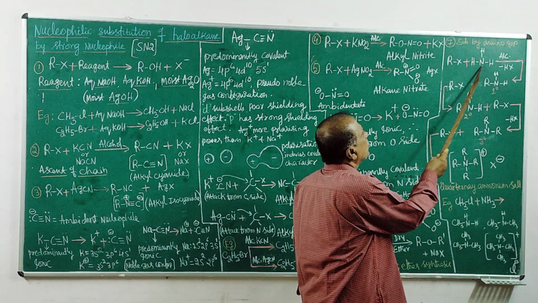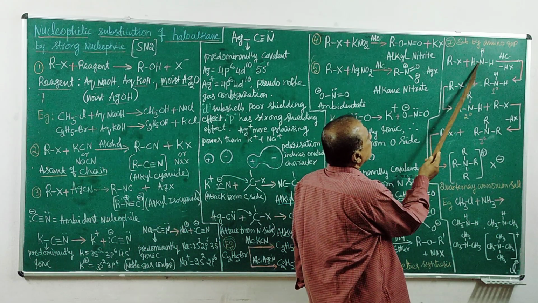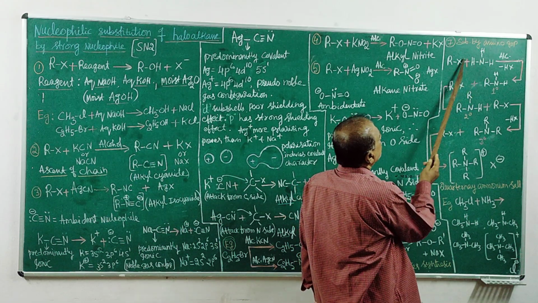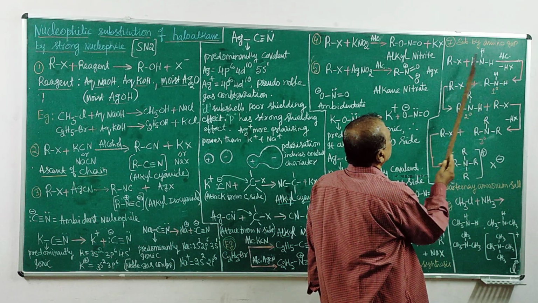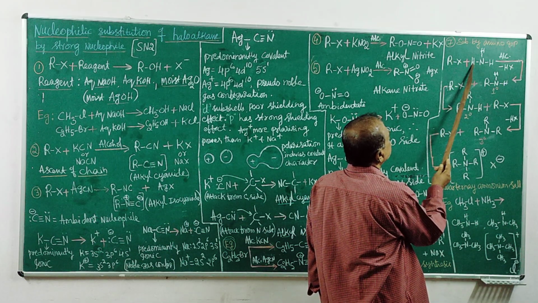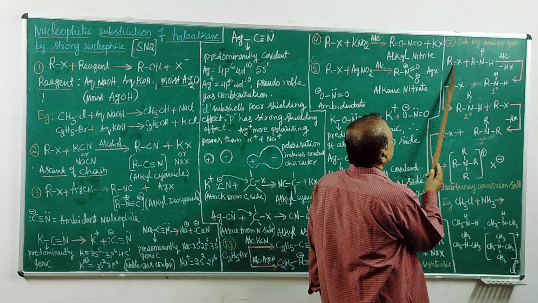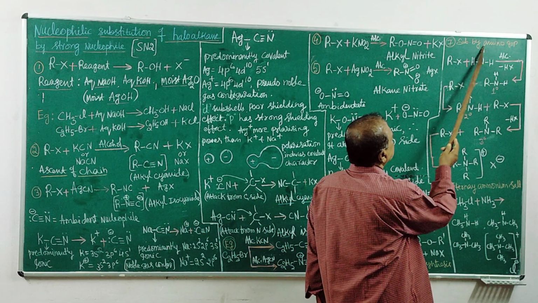Here the ammonia structure has chemical bonds with hydrogen. Because of RX, H and X are lost and R replaces H. One by one, these hydrogens are replaced.